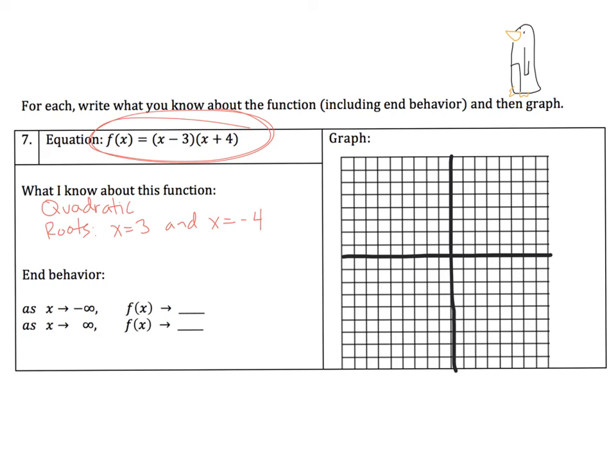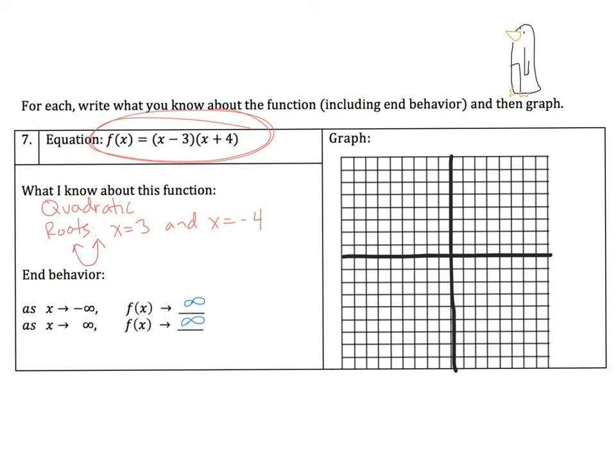And I know that its shape, since it's quadratic and it doesn't have a negative in front, is going to be like that. So I can go ahead and fill out this answer down here. As x goes to the left, f of x, the y value, is going to go up to infinity. As x goes to the right, to positive infinity, f of x is still going up. It goes up on both sides.